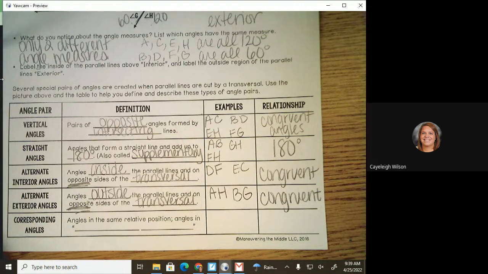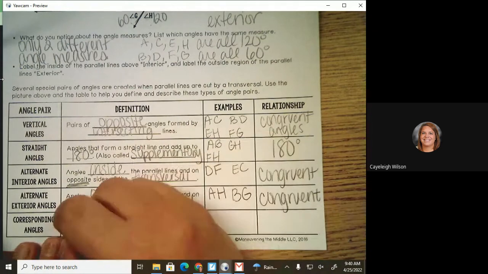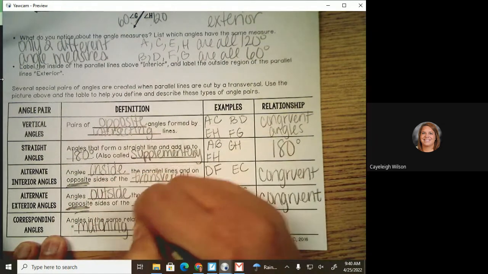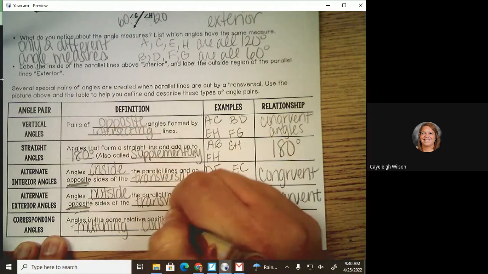All right, and then the last one, corresponding angles. Those are angles that look like they're in the same spot. Okay, so it looks like they're in the same matching corners.